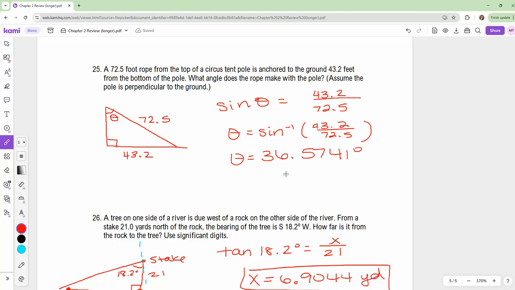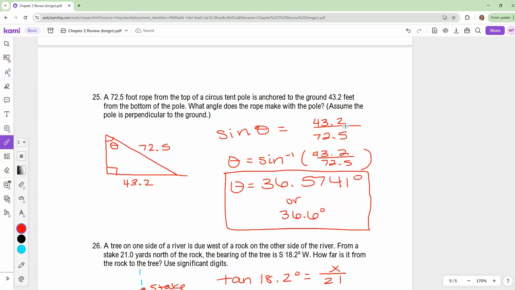If I had said significant digits, you would have done 36.6 degrees. Okay so far? I just overcomplicated that picture. Does that make sense?